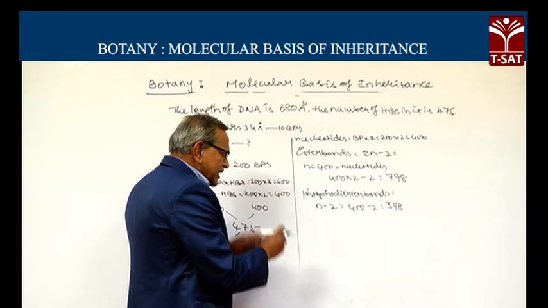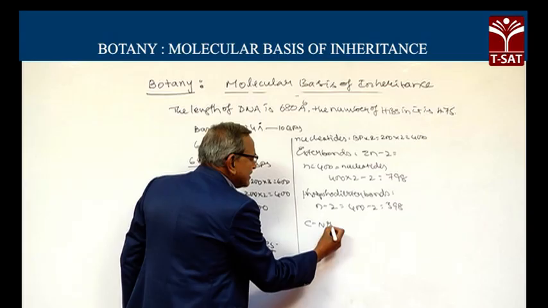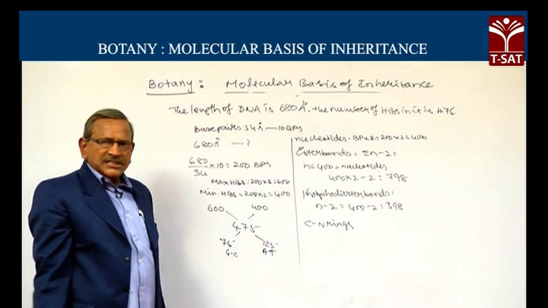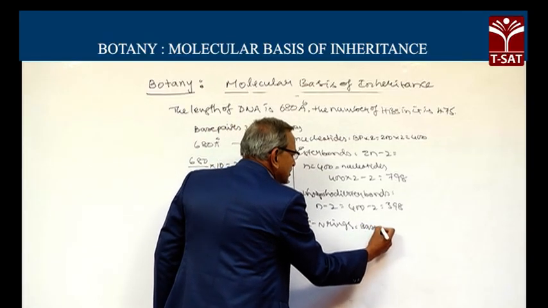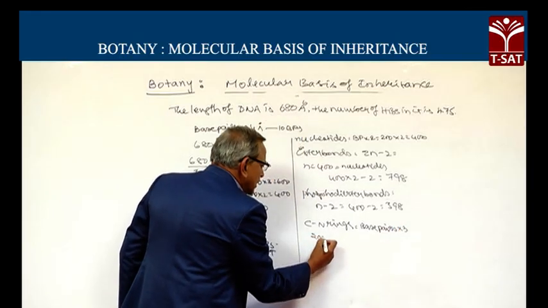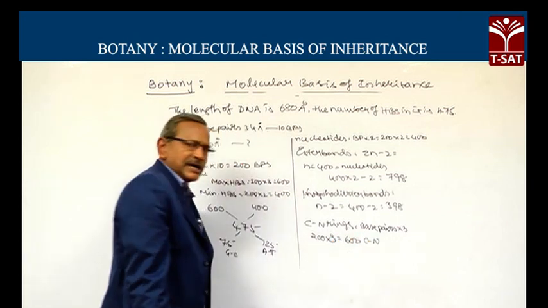And how many CN rings are here? For calculating CN rings, we have to use base pairs into 3. So, this is 200 into 3. This comes to 600 CN rings are here.